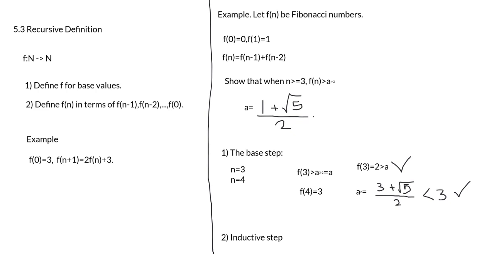Therefore, we assume that f of n minus 1 is greater than a to the n minus 3, and f of n minus 2 is greater than a to the n minus 4.